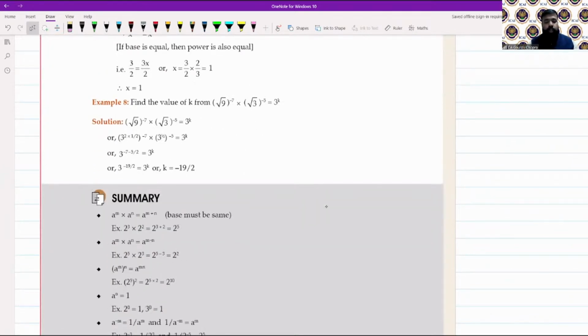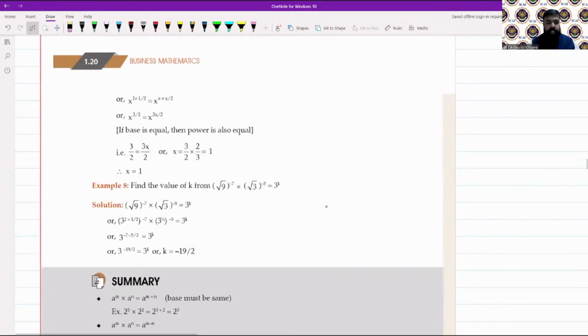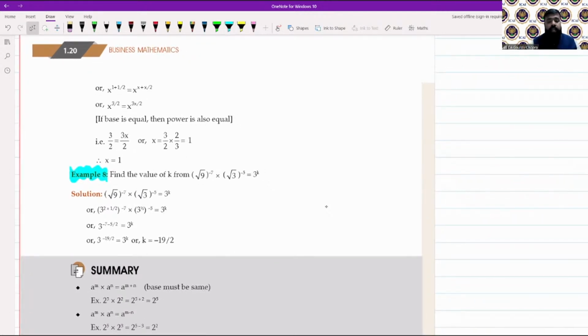Okay, now the next one, that is example number 8. So let's try example number 8. Find the value of k from the given question. So this time we have to find the value of k. So let us solve this.